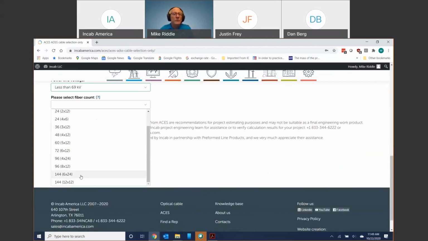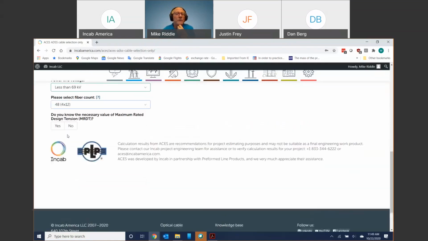I do think that 24 fiber tubes get the cable diameter down, which again goes back to reducing cost and weight. And I think 24 fiber tubes are great because it coordinates very well with the splice trays that are used in the marketplace today. But some people still prefer the 12 fibers per tube. So let's stick with 48 and let's stick with a pretty traditional 4x12 construction.